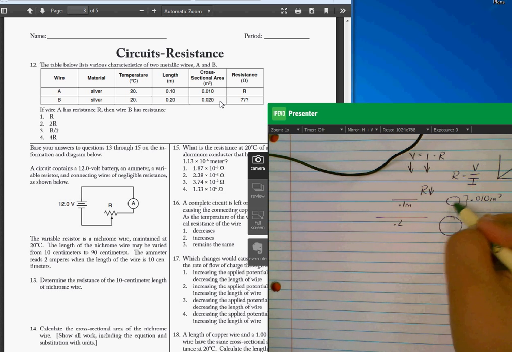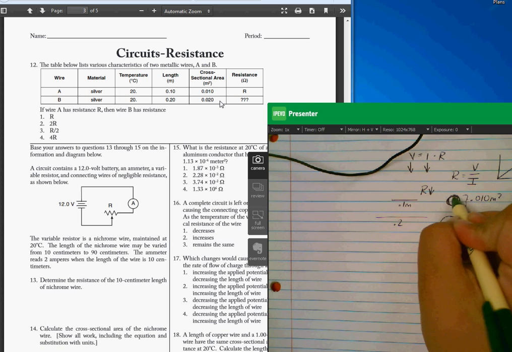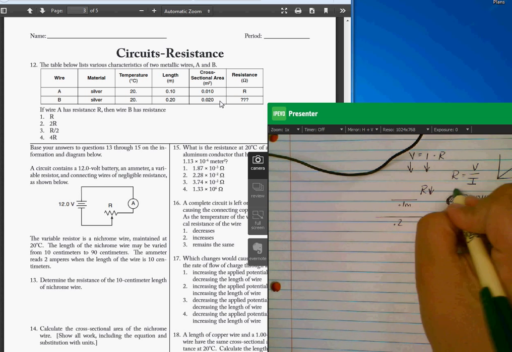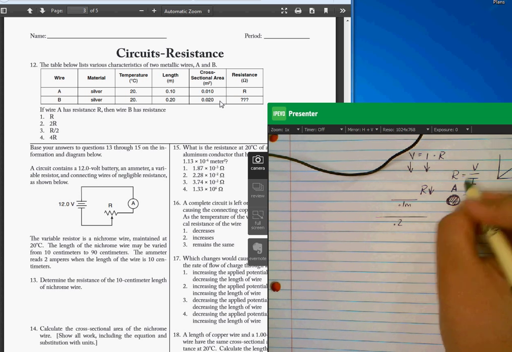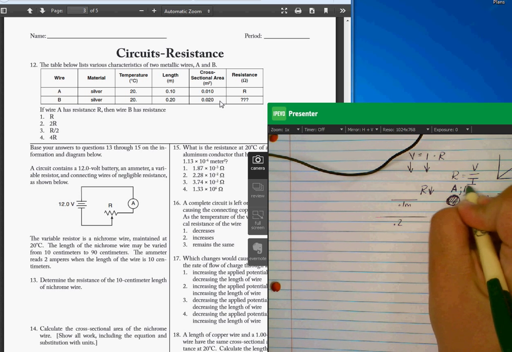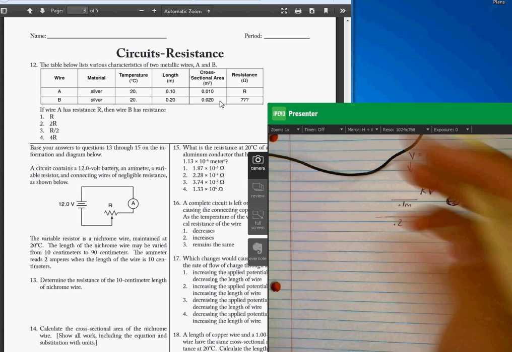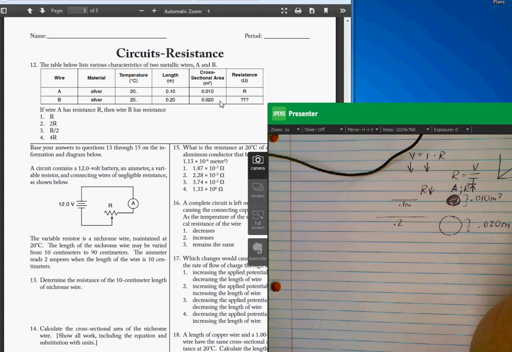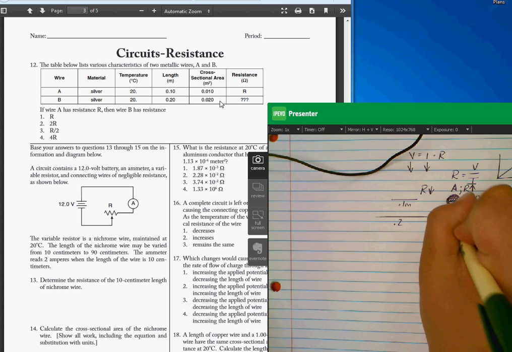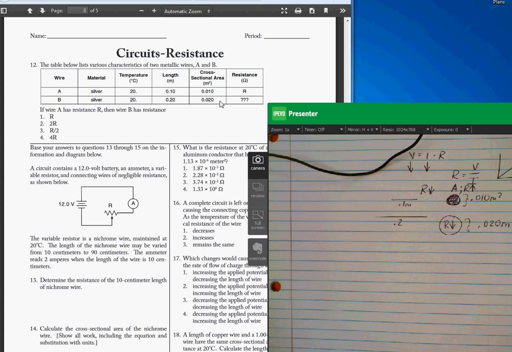Now, when I have this very small cross-section, the area is smaller compared to this, which means your resistance is going to be high. Because it's only a small area, you have a lot more compaction, and it's really difficult for the current to flow through. Smaller wires have higher resistance. Larger wires have less resistance. So in here, the resistance is lower.